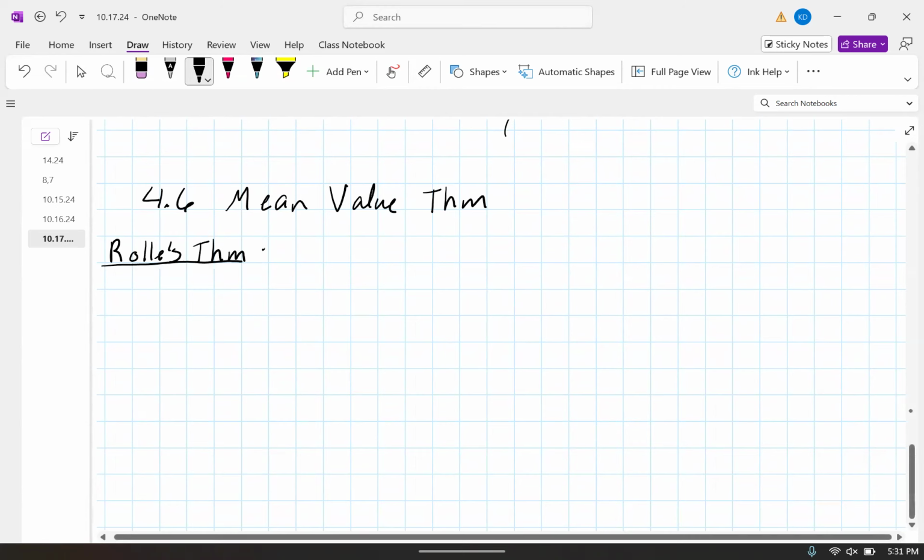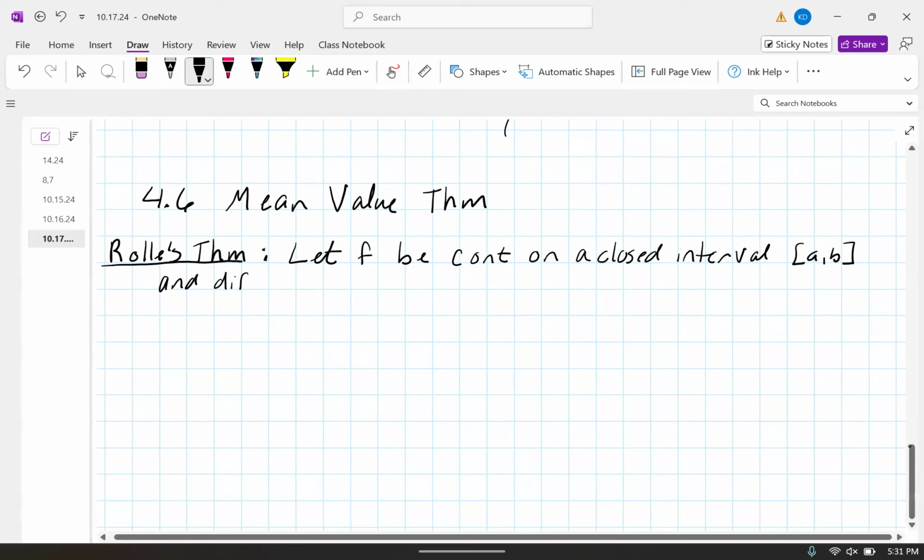And this says, let f be continuous on a closed interval a to b, and differentiable on the open interval, with f of a equals f of b.